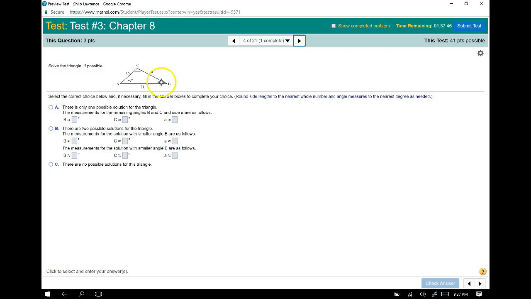So if this is angle B over here, then that 16 is going to be side B. And then if this is angle C up here, that 21 is going to be side C. So what they've given us is angle B, they've given us side B, angle A, and side C. So what they've given us are values for 3 different letters, which means we don't have any side angle pairs. We have a little b, a little c, and a big A. Since we don't have any side angle pairs, we would have to start this problem off with law of cosines.